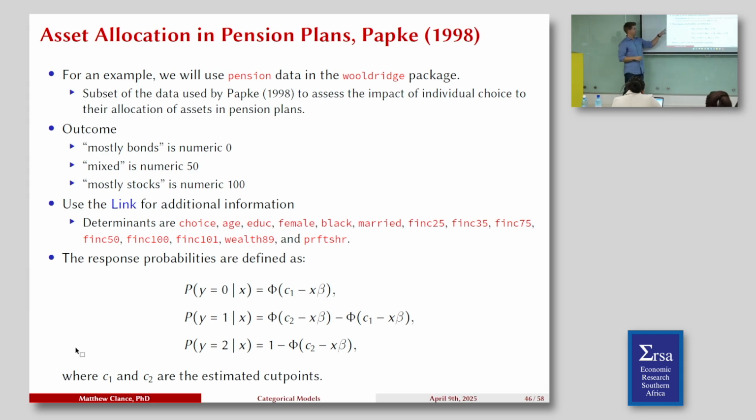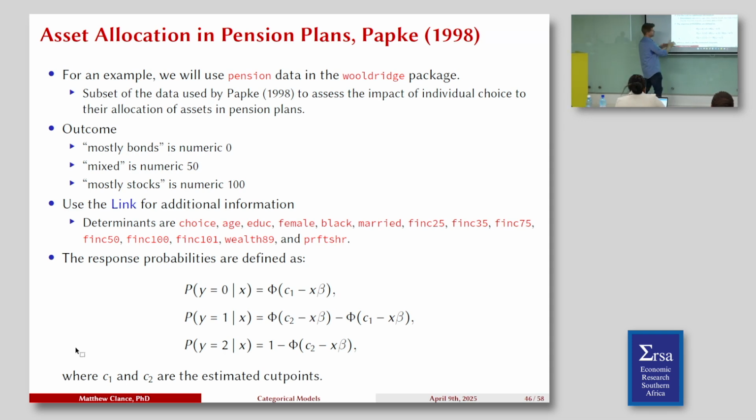Okay, the response probability is going to be defined in terms of a Probit. So under choice 1, we're looking at whatever the cut point 1 is minus our linear prediction. In terms of y equal to 1, it's going to be this outcome versus the first outcome, the distance between those choices.